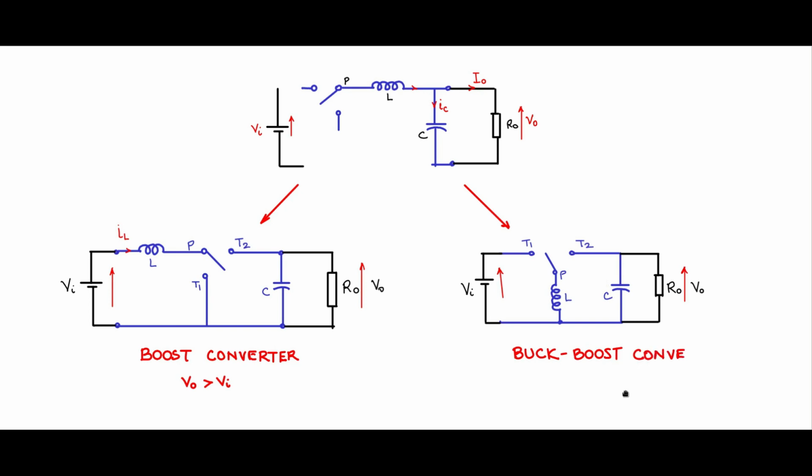Why is it called a buck boost converter? Again, this will become evident when we derive the input-output relationship. V0 can be less than Vi or V0 can also be greater than Vi depending upon the value of the duty cycle. Therefore, this can do buck operation or even boost operation. Therefore, this converter is called buck boost converter.